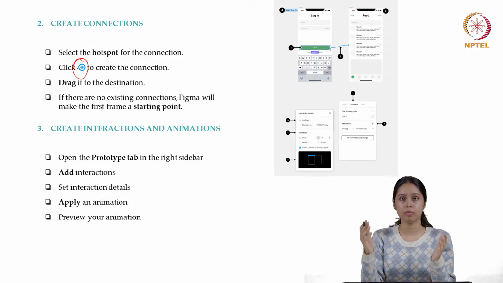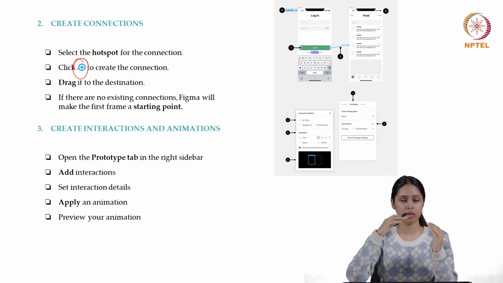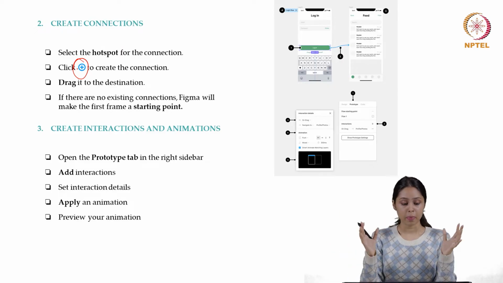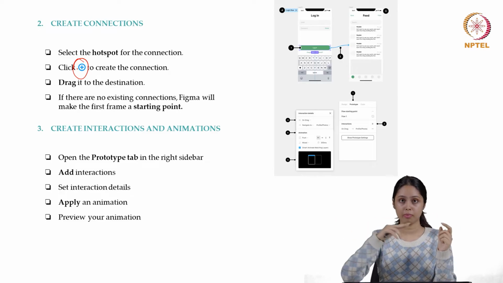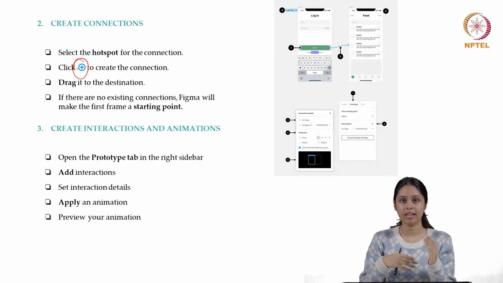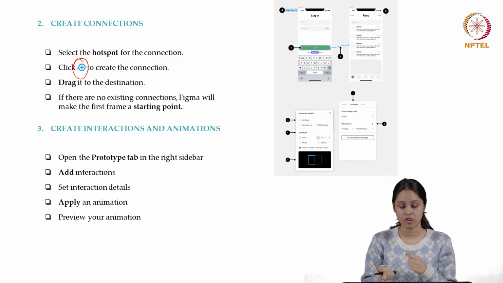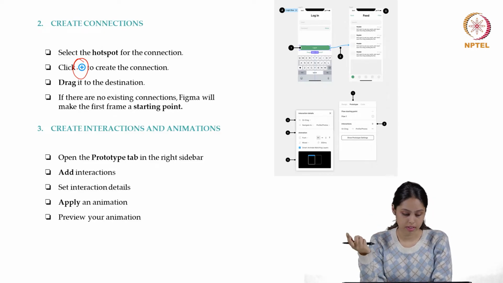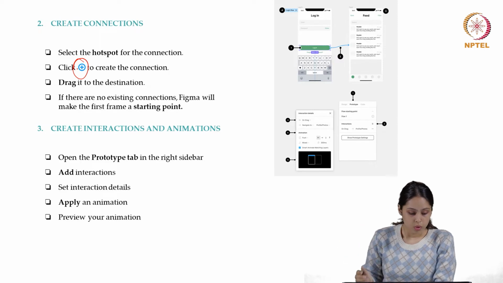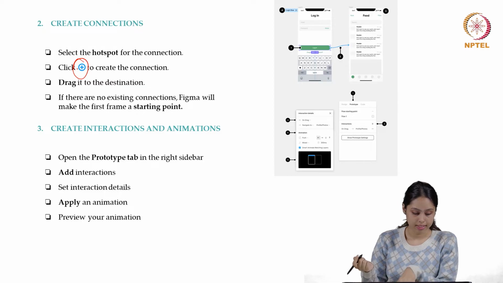So if you click on some button and it takes you to a specific page, right? The motion between the button and the different page might have a kind of animation to it. How do you add this? You can use Figma to do it as well. So to do it, basically you go to the prototype tab and add interactions or apply any animation that you want to.